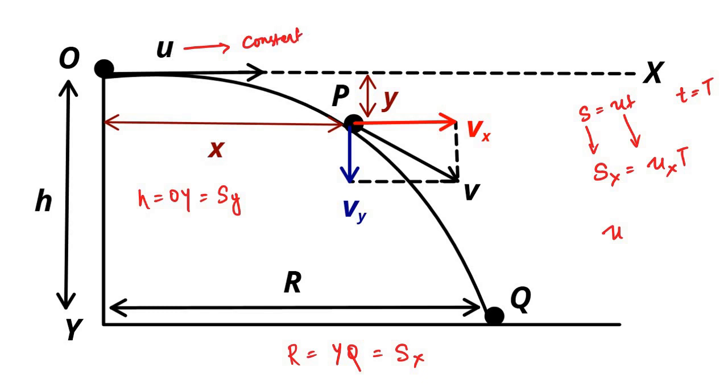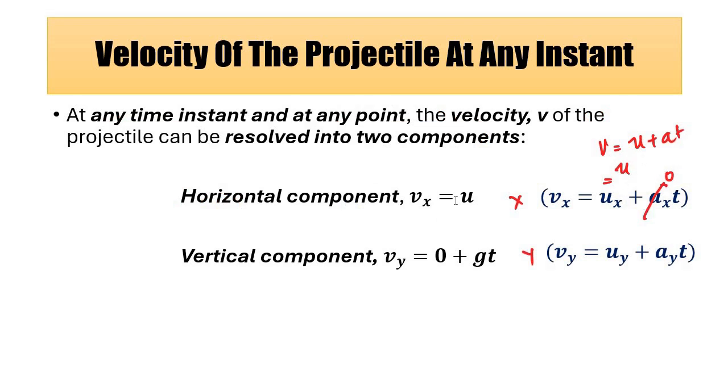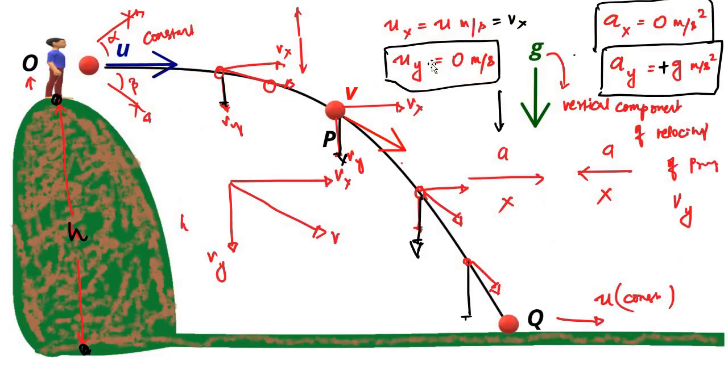Here we have proved it mathematically also. It always stays Vx is equal to u. The vertical component is equal to uy plus ayt. So uy is 0. The initial vertical component is equal to 0, which I told you in the beginning, because there is no component of this velocity in the vertical direction.